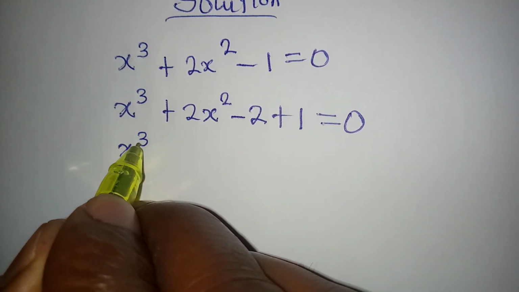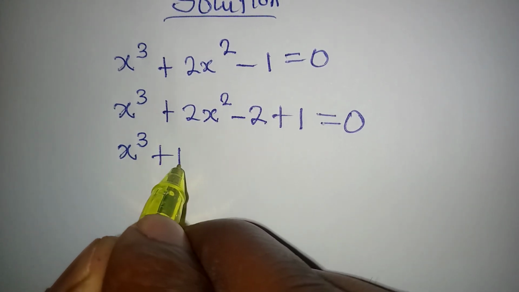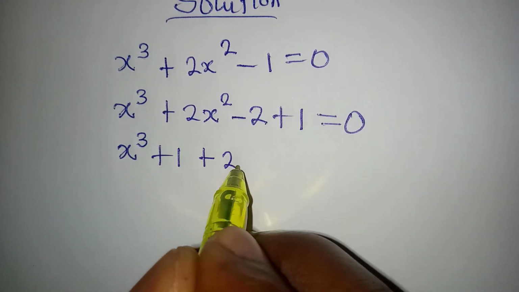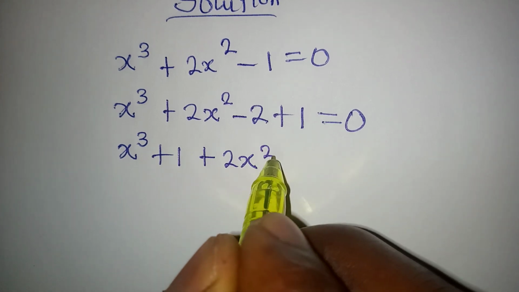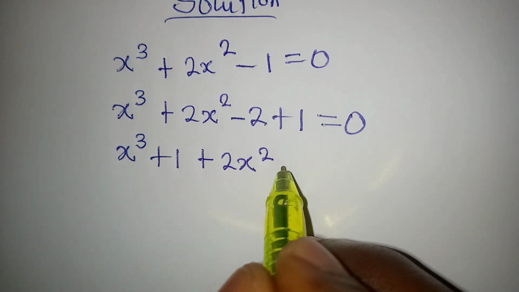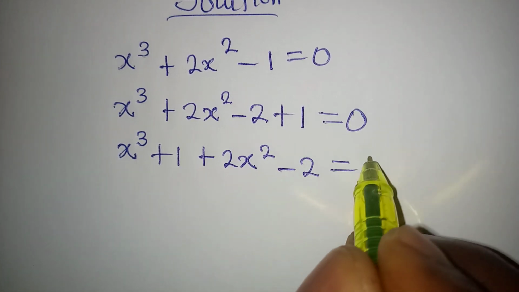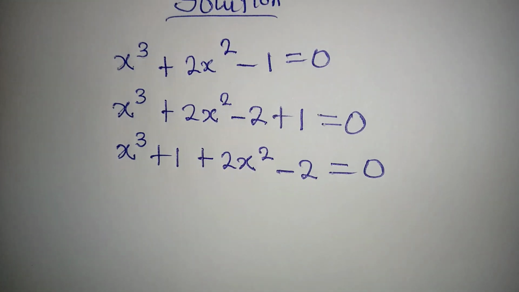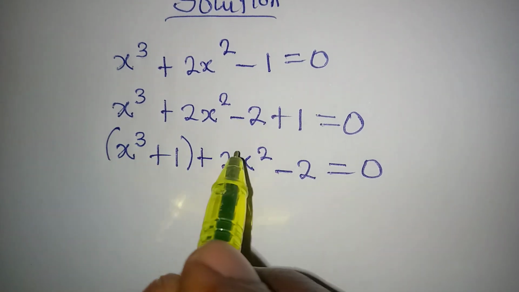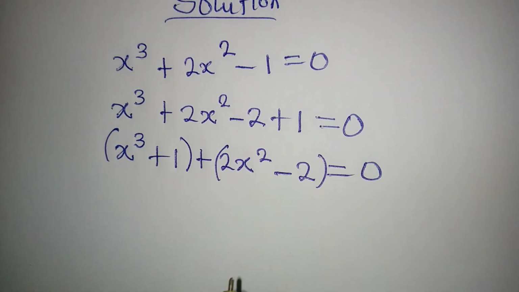So I have x to the power of 3 plus 1. Then I have plus 2x to the power of 2, then I have minus 2. This is equal to 0. And by the way, I can group it like this and factorize.